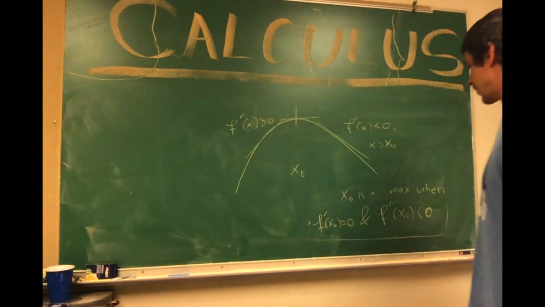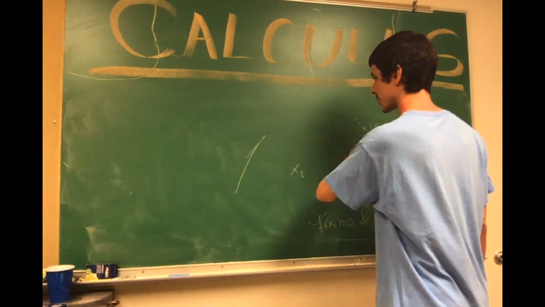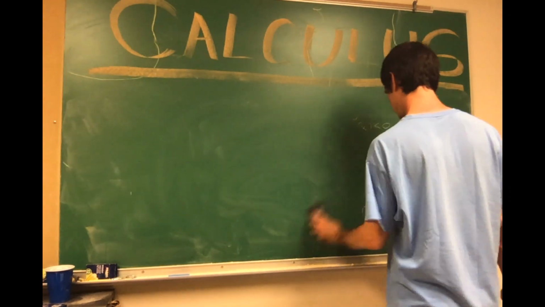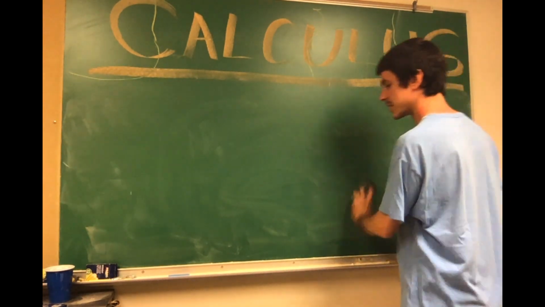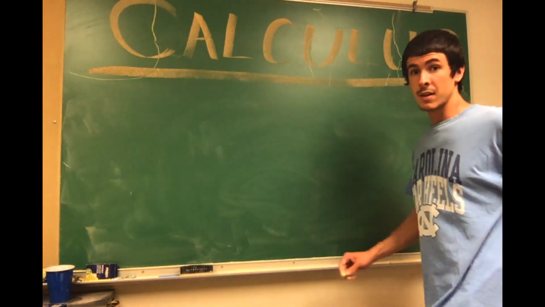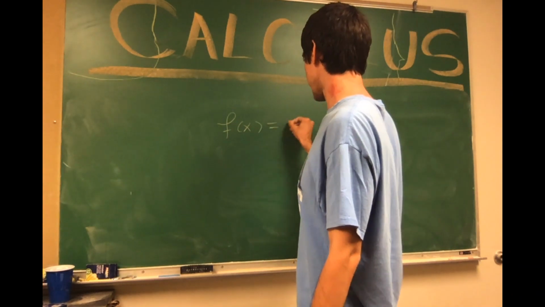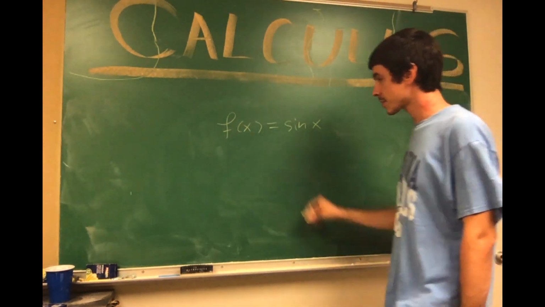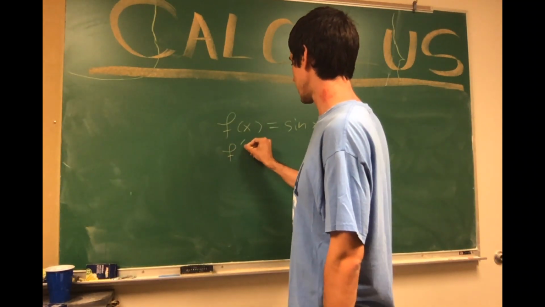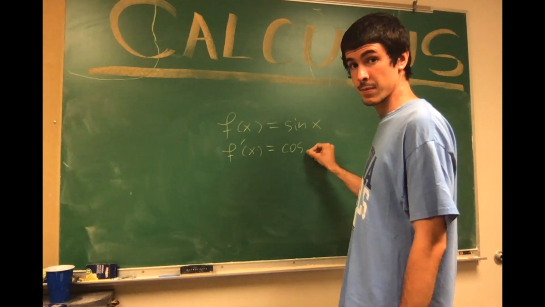And a very natural place to explore it, I think, is with say f of x equals sine of x. That gives us a rich set of points to consider. So f prime of x equals cosine of x, right?